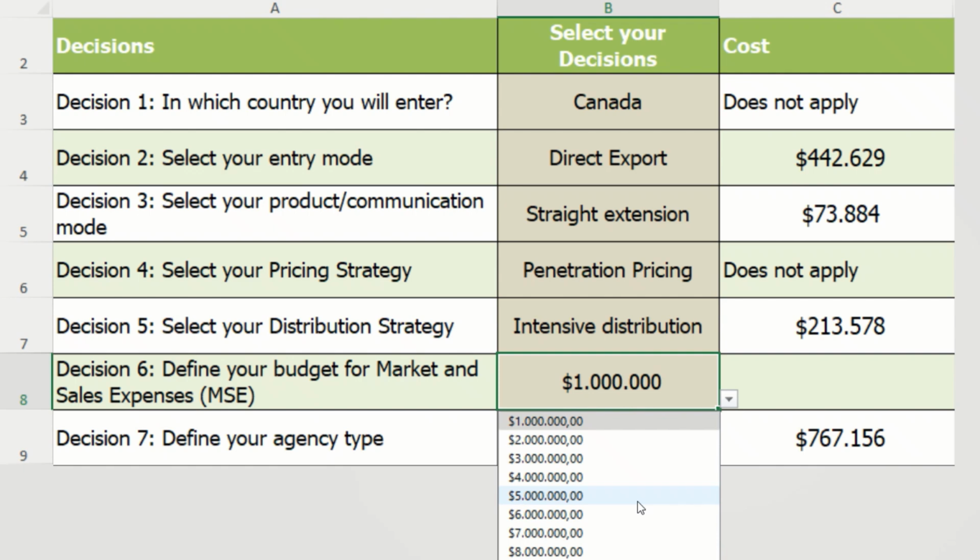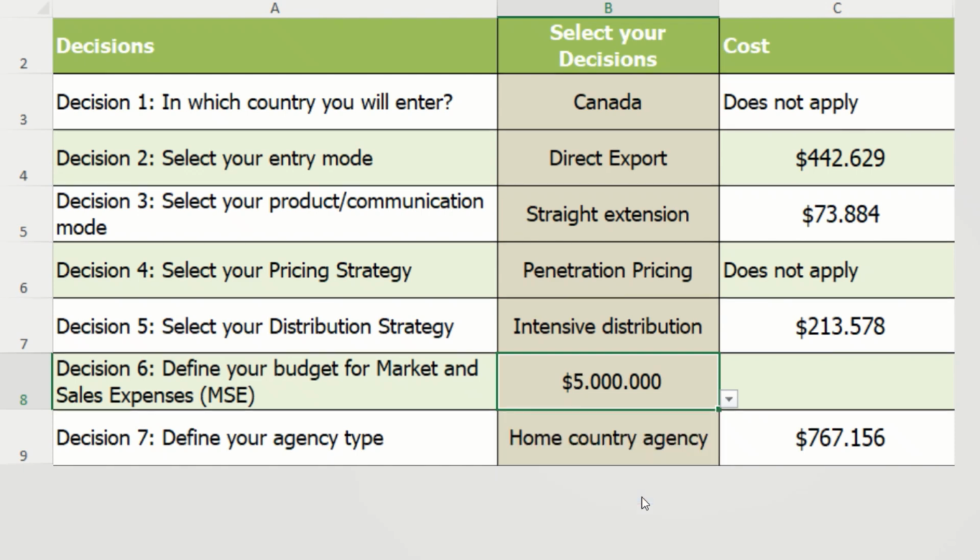So far, I don't want to invest a lot of money because I'm trying to reduce my risk. So let's say that I put $5 million as investment, but then we'll be able to check if my assumptions and this budget make sense to achieve a good level of market penetration and also revenues and profits in the target market.